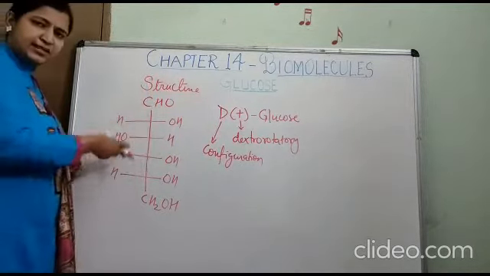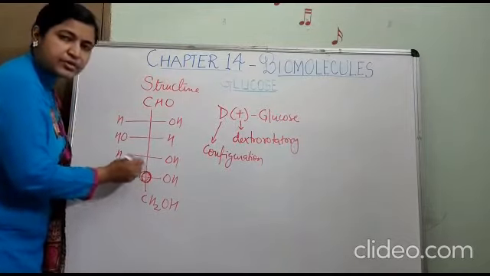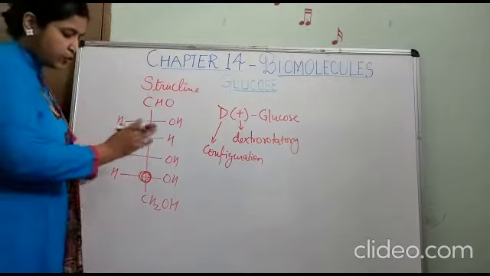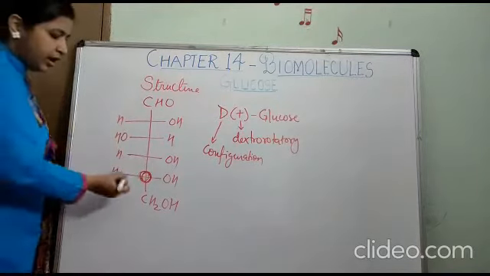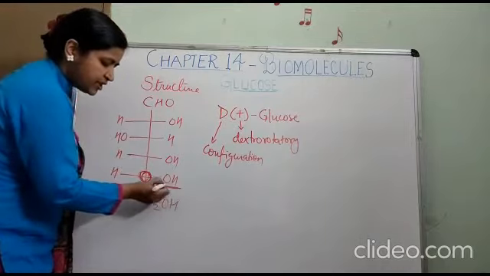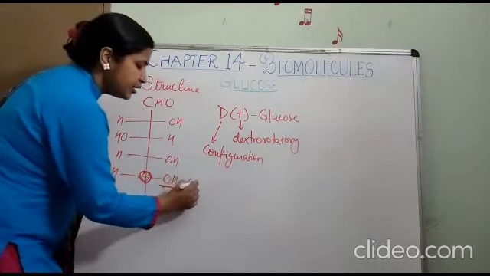In this case, this is the lowest asymmetric carbon. So we will check the configuration of this carbon. Here the OH group which is attached to this asymmetric carbon lies towards the right side.